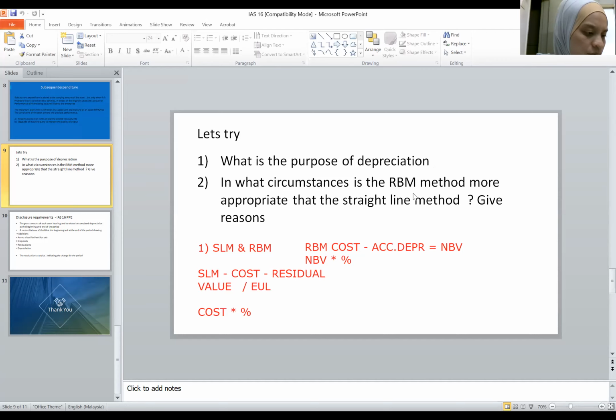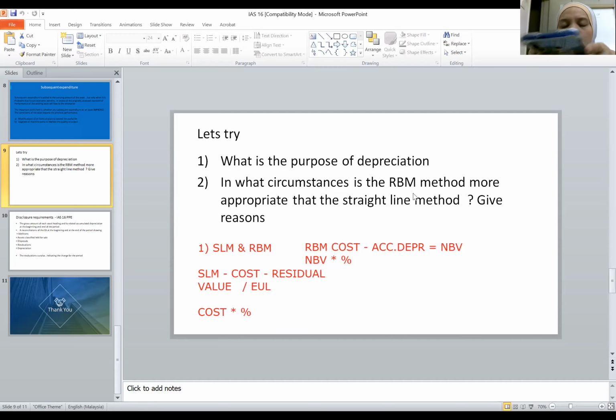Okay, dekat sini dia bagi tahu. The reducing balance method of depreciation is used instead of using straight line method when it is considered fair to allocate the greater proportion of the total depreciable amount to the earlier years and lower proportions to the later years. Okay, cerita dia macam ni.